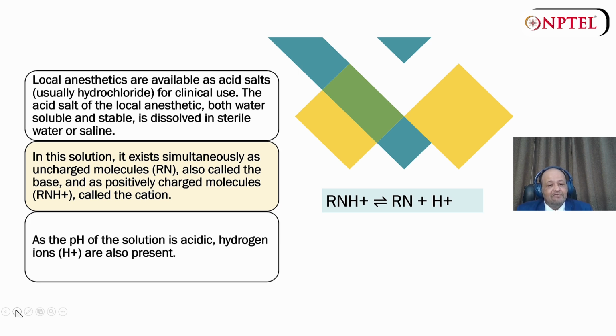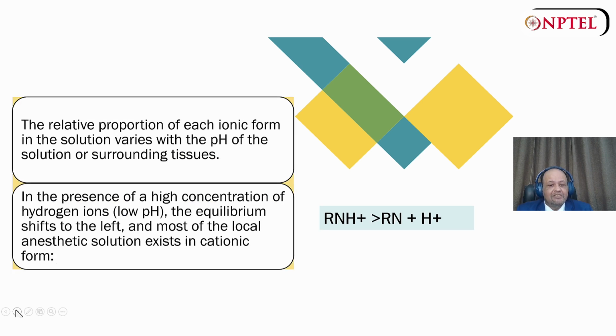As the pH of the solution is acidic, the hydrogen ions are also present. The relative proportion of each ionic form in the solution varies with the pH of the solution and the surrounding tissues. In the presence of a high concentration of hydrogen ions or low pH, the equilibrium shifts to the left, and most of the local anesthetic solution exists in the cationic form.